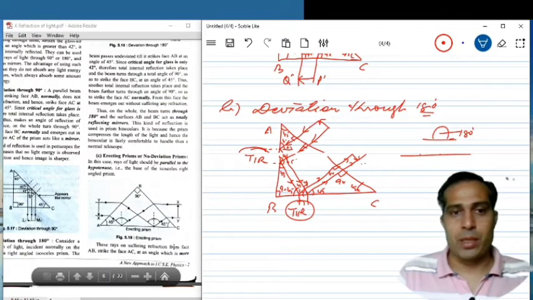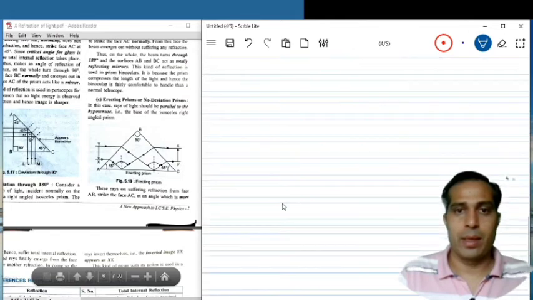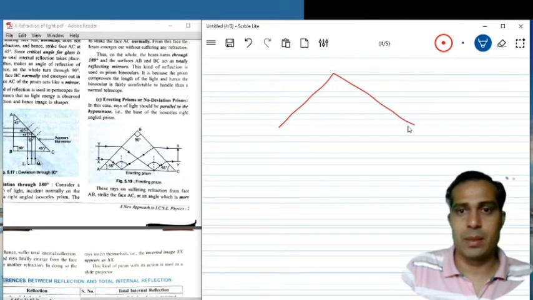Then we have the erecting prism or non-deviation prism. The erecting prism is again a 90, 45, 45 prism. Here you can see this is 45, this one is again 45, and this one is 90.